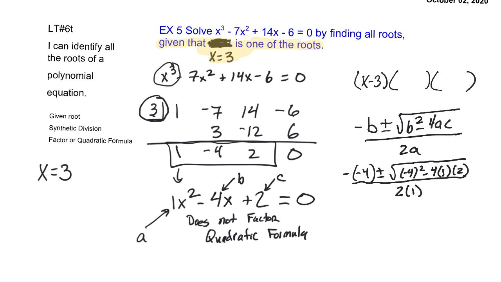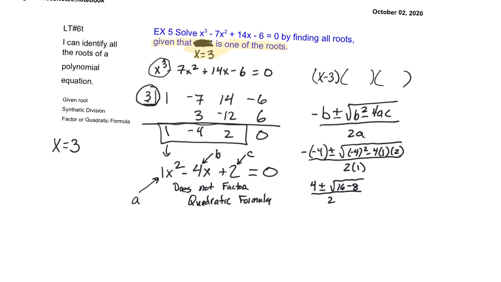I filled in my numbers. So the opposite of negative 4 is positive 4. Underneath here, I'm going to have 16 minus 8 all over 2. That's going to give me 4 plus or minus the square root of 8 over 2.